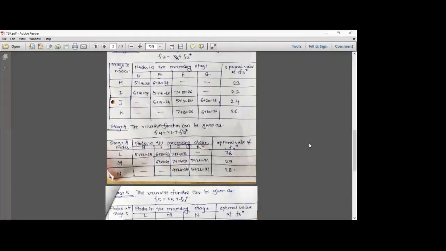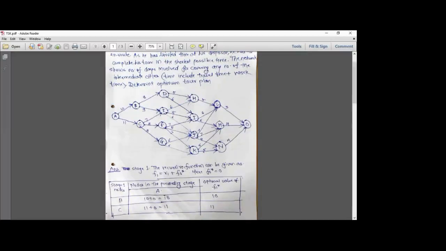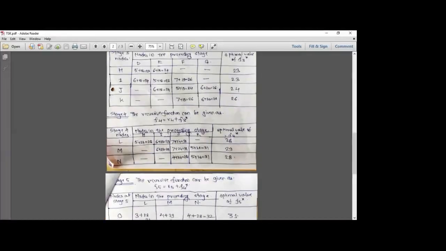Now our next stage, the next node values are L, M, and N, and the preceding nodes are H, I, J, and K. You have the root H to L, but there is no root from H to M and H to N. So H to L, the value here is taken as 5, and others are kept as vacant, right?